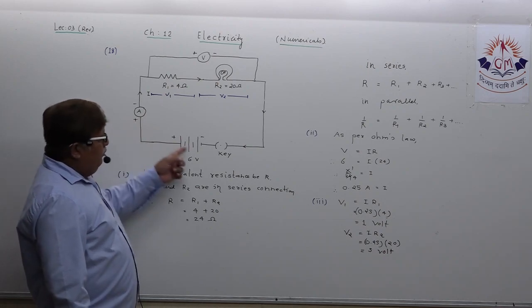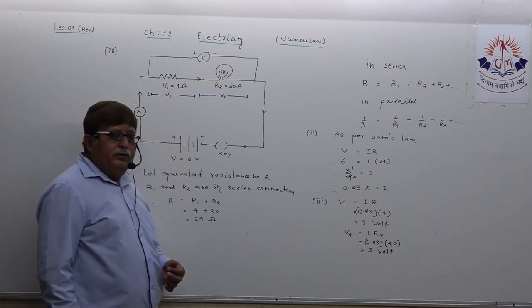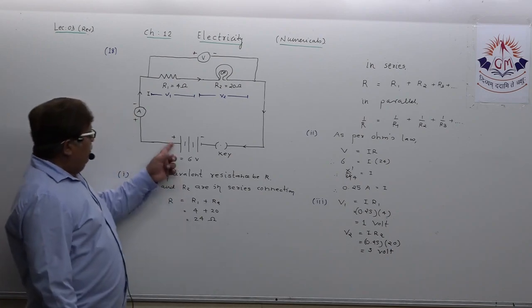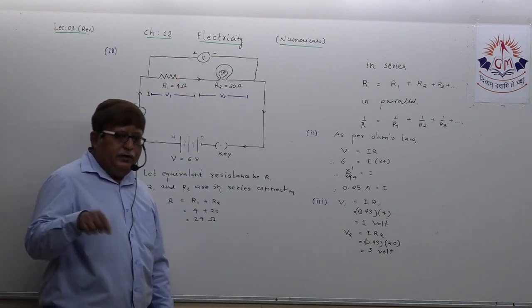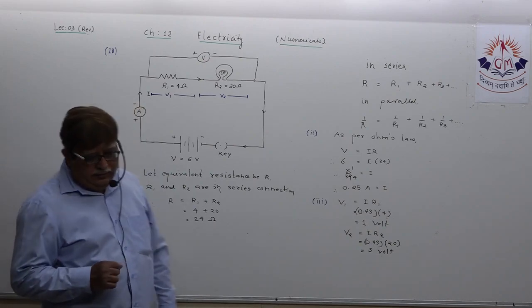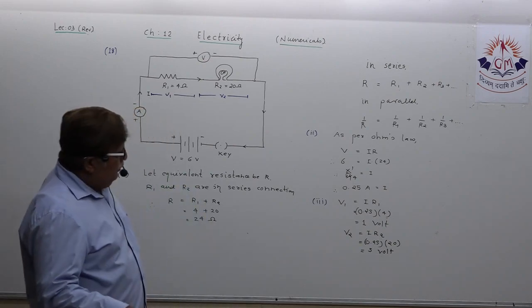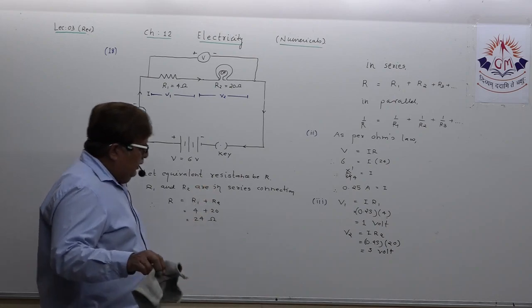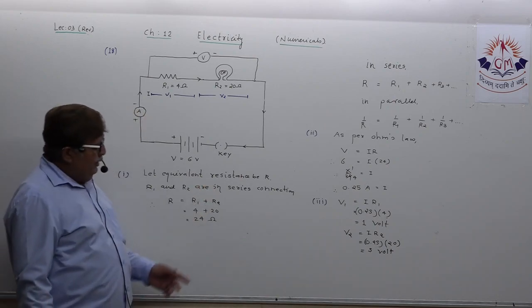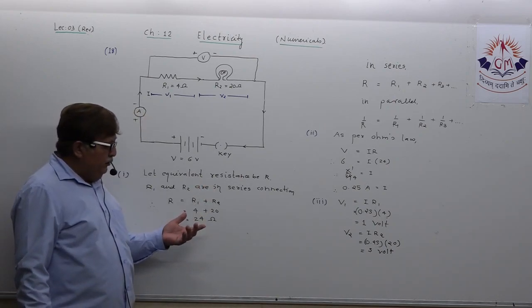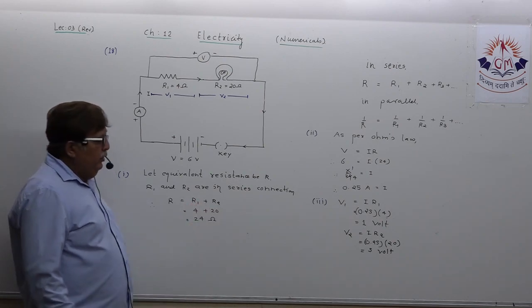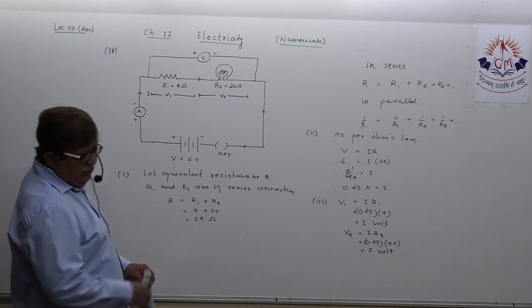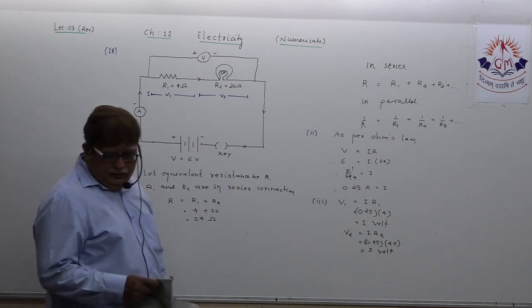Because when the circuit is designed, framed, positive to positive to positive, that way the circuit has to be connected. Okay. So first example, I think I am following a little less speed and you must be able to catch with me. So this is numerical number 18.